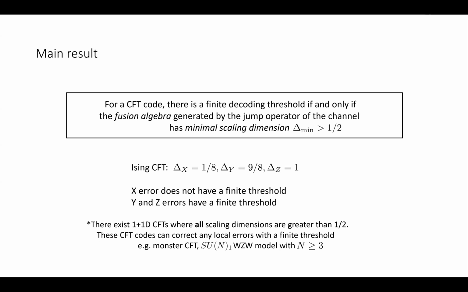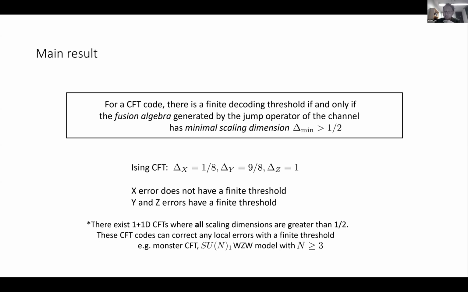I see. And unfortunately, sometimes we do know that even an irrelevant deformation to a CFT could wreak havoc if you give it enough strength. So does it mean in those cases, even if delta is smaller than 1/2, there could still be a finite threshold? I mean, yeah, sorry, no. Delta smaller than 1/2 definitely means zero threshold, but delta bigger than 1/2 doesn't mean that the threshold persists to the maximal threshold.